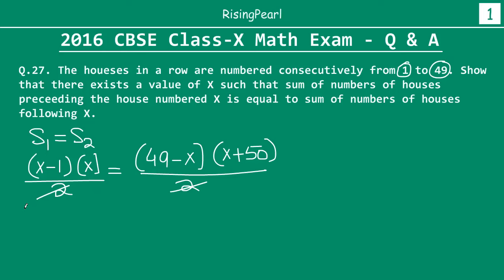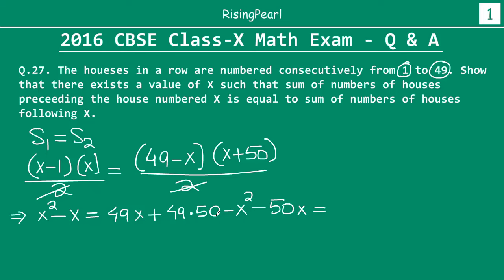So here we are going to simply open up the brackets. It will be x squared minus x, and over here, what do we get? 49 times x is 49x, plus 49 times 50, minus x squared minus 50x.